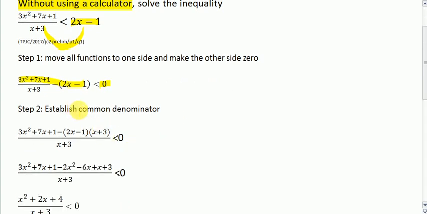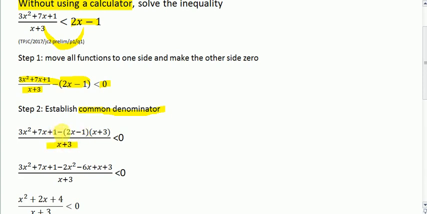Step 2, we establish a common denominator. Why? Because in this function, the denominator is x plus 3. But in 2x minus 1, it does not have a denominator. So we need to establish a common denominator of x plus 3.